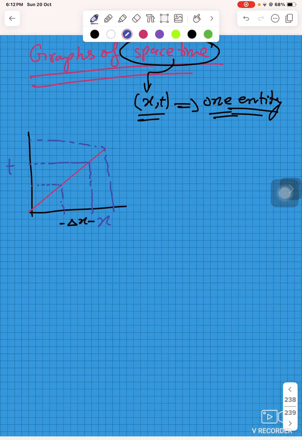Change in axis at equal intervals of time.